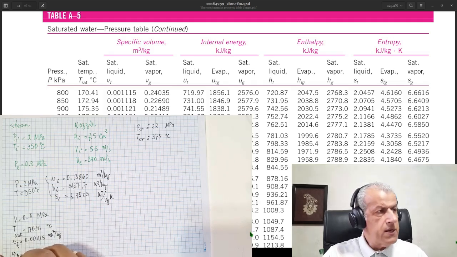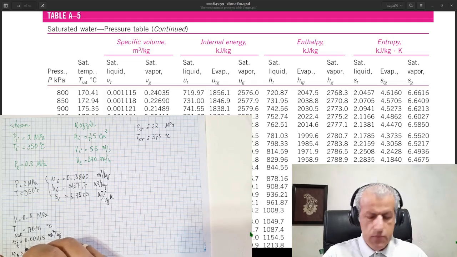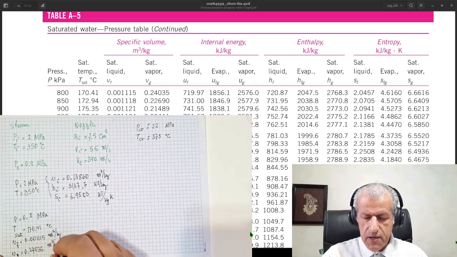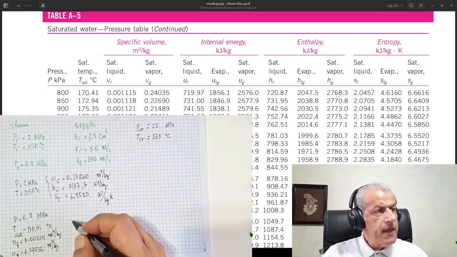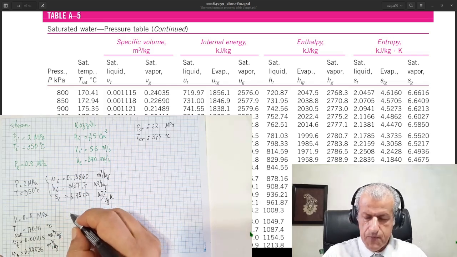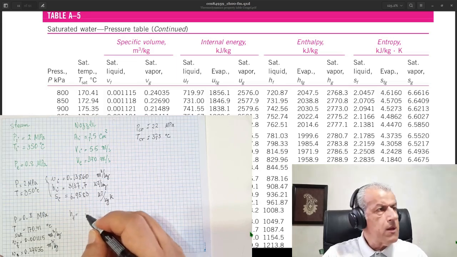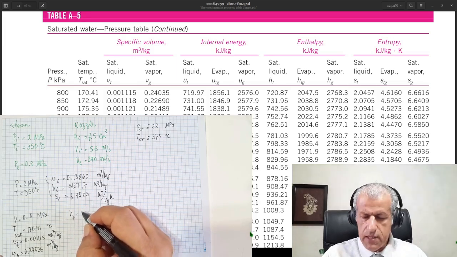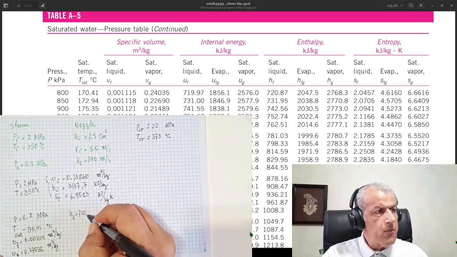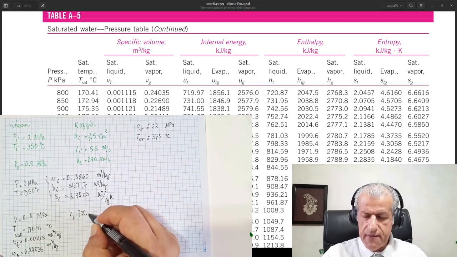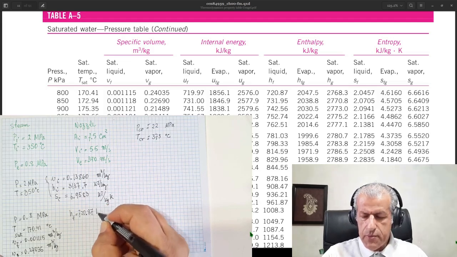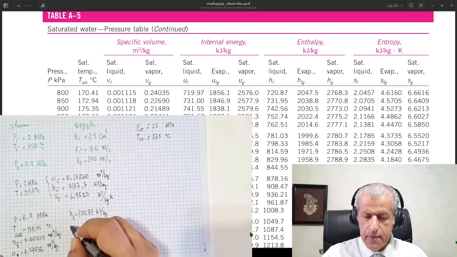Vg is 0.24035 cubic meters per kilogram. Hf equals 720.87 kilojoule per kilogram.